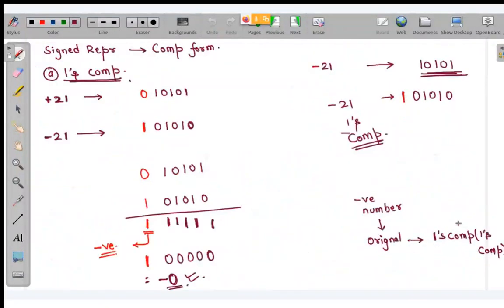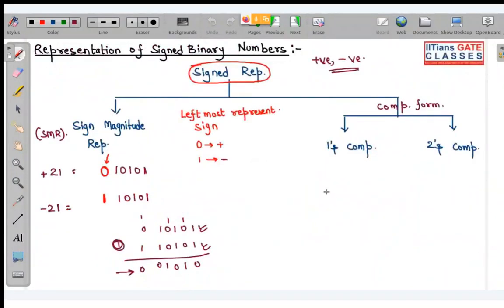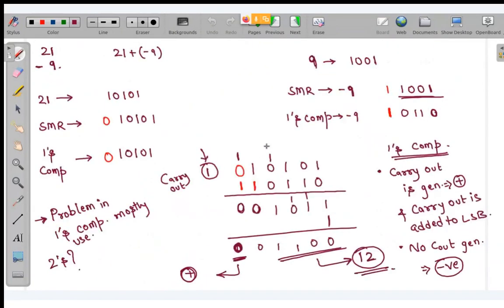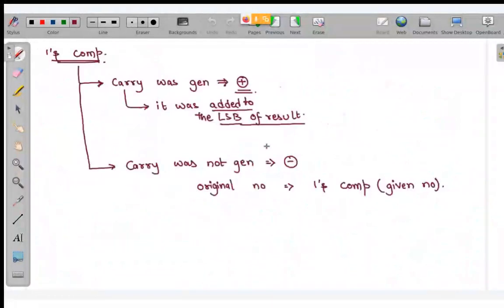No carry generated. So here I might have done somewhere that I have added the carry. I am not able to recall where I have done that, but actually I have done. Can you look that in your notebook? Have I done that thing? Tell me. Anyone? Have I discussed this point or not?